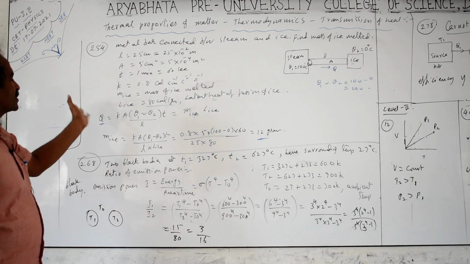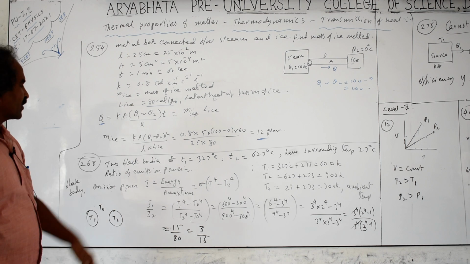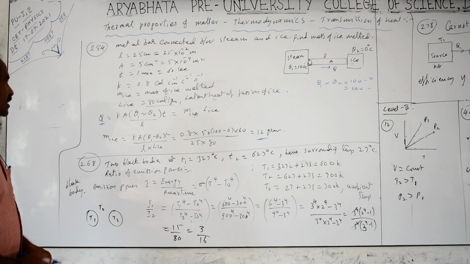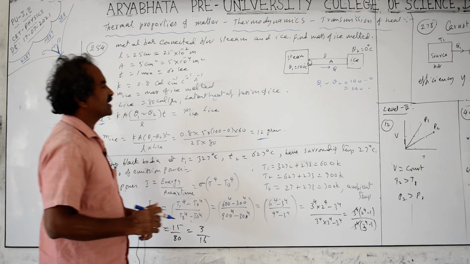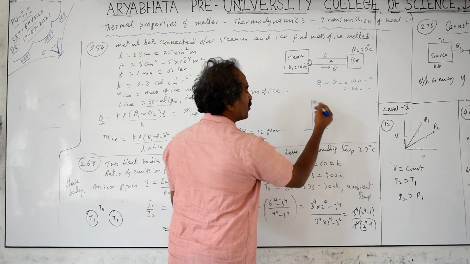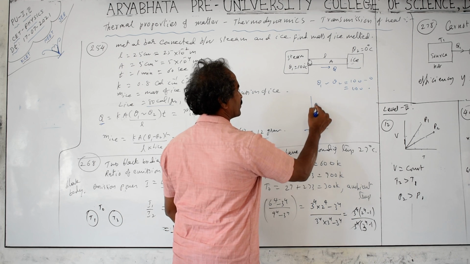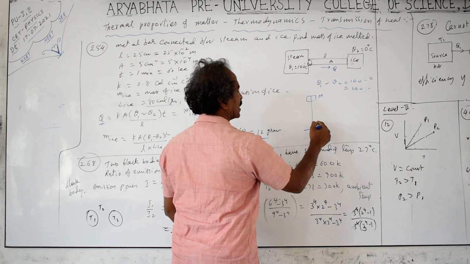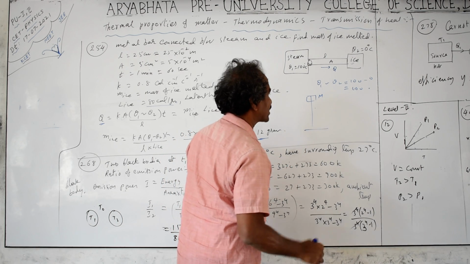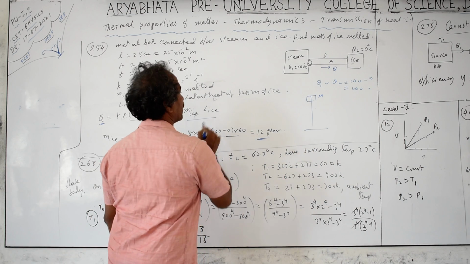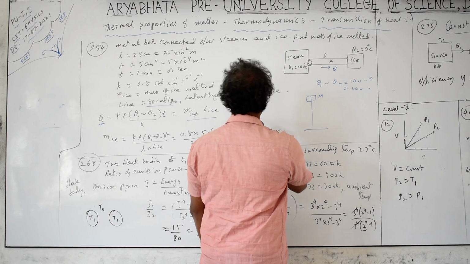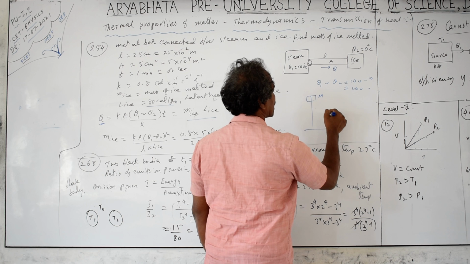If you take all SI units, you will get the answer in kgs. At the end also you can convert into kgs if required. Next question, number 268. One more thing: there are problems where an ice block is dropped from some height. How much ice is melted? The total mass is M, and the part of the ice melted is a fraction of it, or they may give a percentage. The melted ice formula is Q equal to M into L ice, and the potential energy is converted into heat energy.